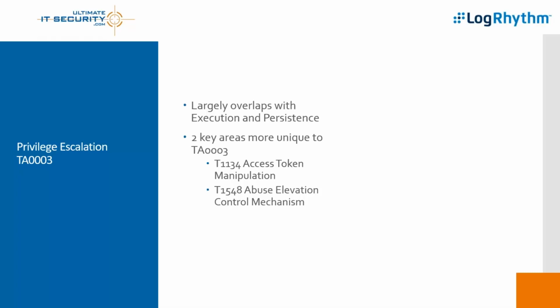But in terms of a systemic way of detecting privilege escalation, you've covered most of it if you're already listening for execution and persistence, and I don't see great opportunities for the areas that are more specific to privilege escalation.